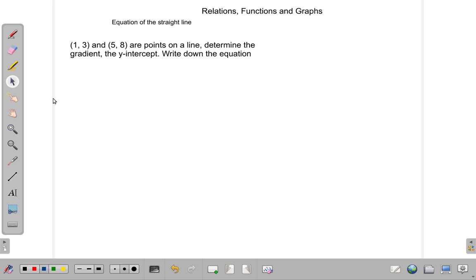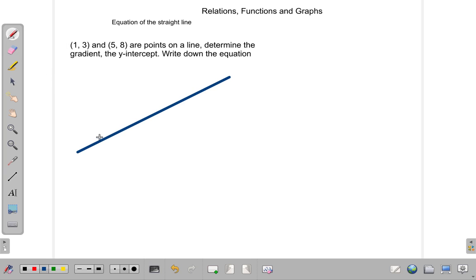Now, you have (1, 3) and (5, 8). It's useful to try to visualize what it is you're doing. So, let's imagine that this is our line. We won't use any graph paper here.